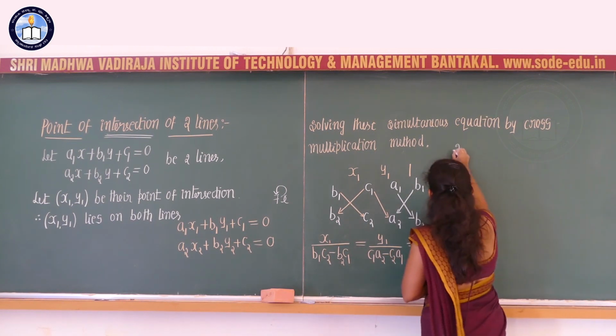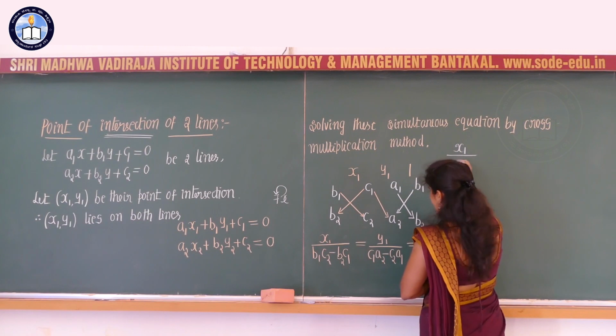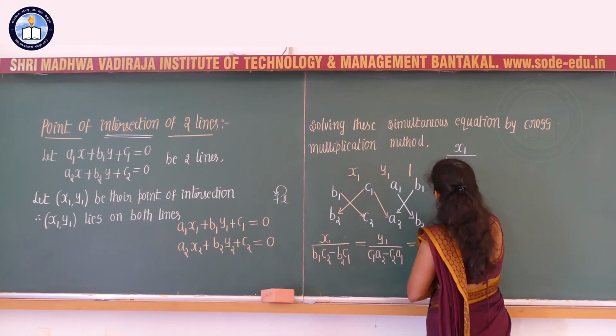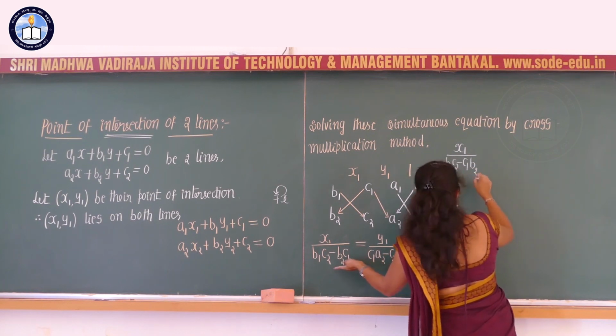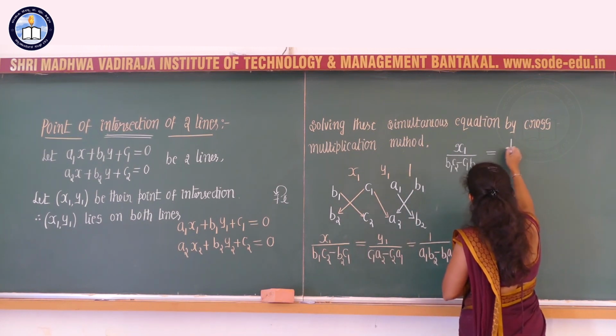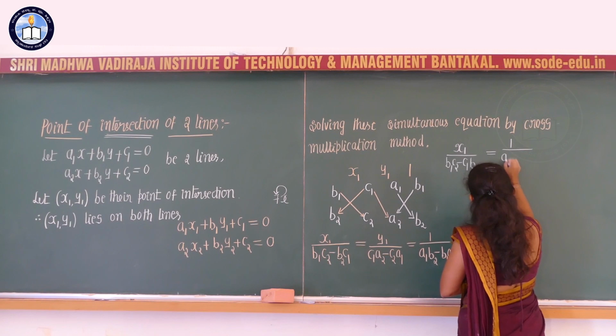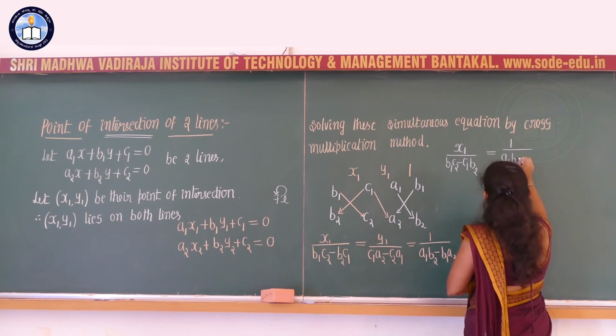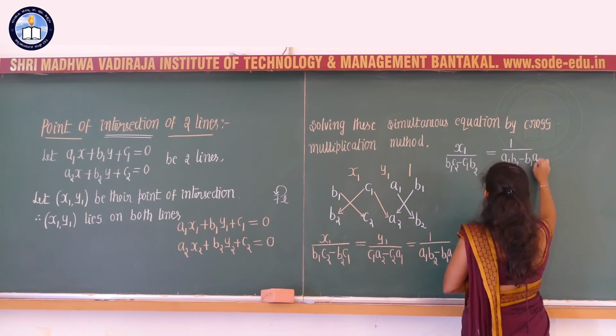That I can write as x1 divided by b1 c2 minus c1 b2, which is equal to 1 divided by a1 b2 minus b1 a2.